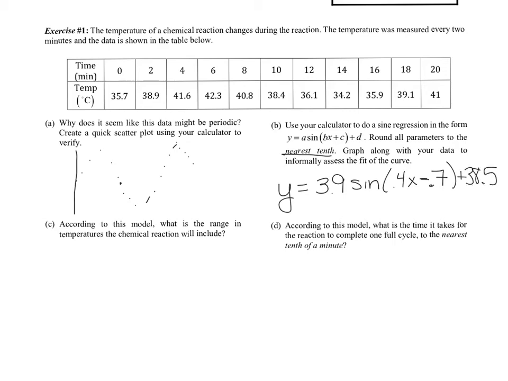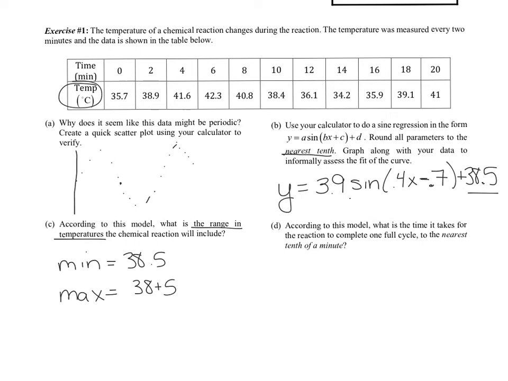The next two questions have to do with different qualities of the graph. According to this model, what is the range in temperatures the chemical reaction will include? So that's talking about the minimum and maximum Y values. So when we find our min and max, we always start from the midline, which in this case is 38.5.